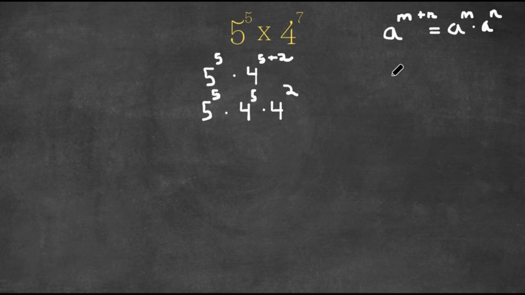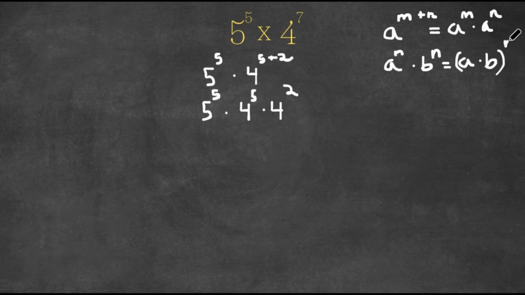Now, another property is that if we have a to the power of n times b to the power of n, this is equal to a times b in parentheses to the power of n.